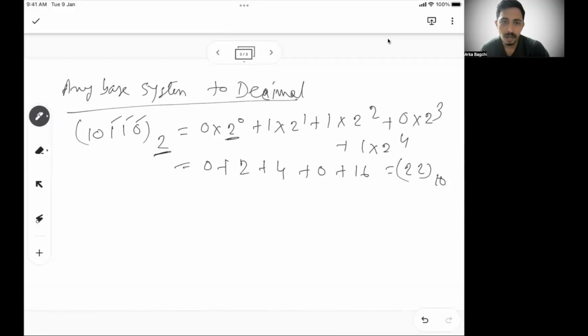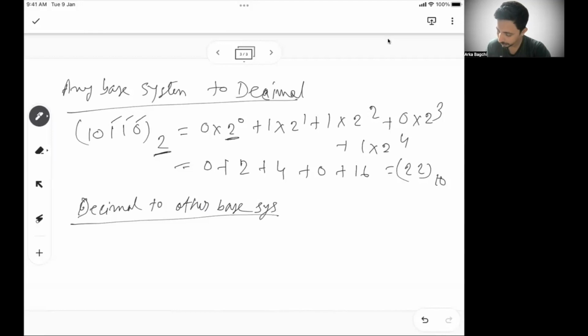Now let's see how to convert a decimal to any other base system. Let's do decimal to other base system. So how will I do that? Let's say I have given you 129 base 10.